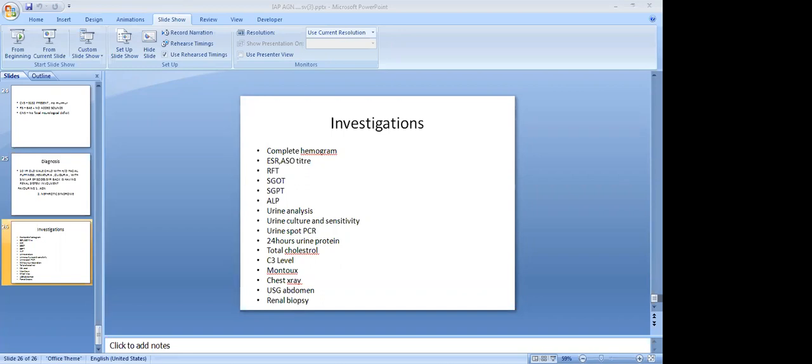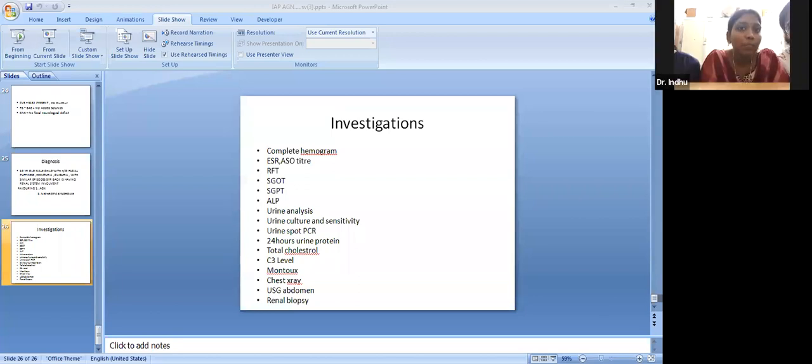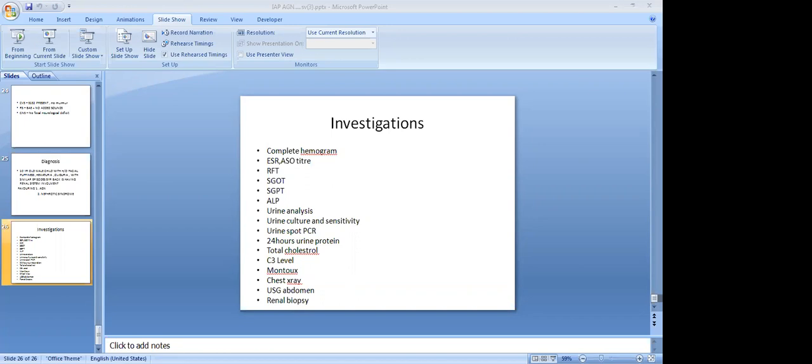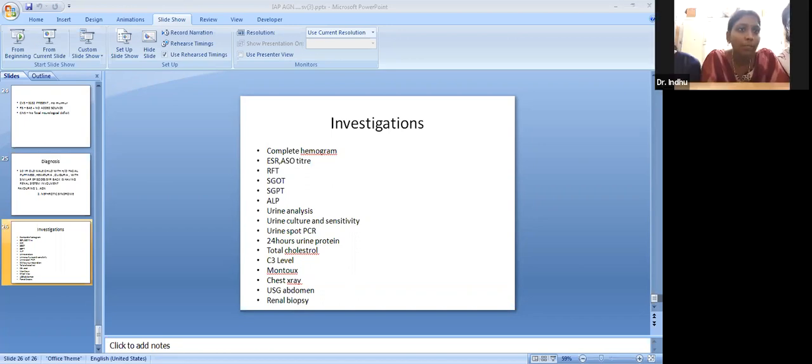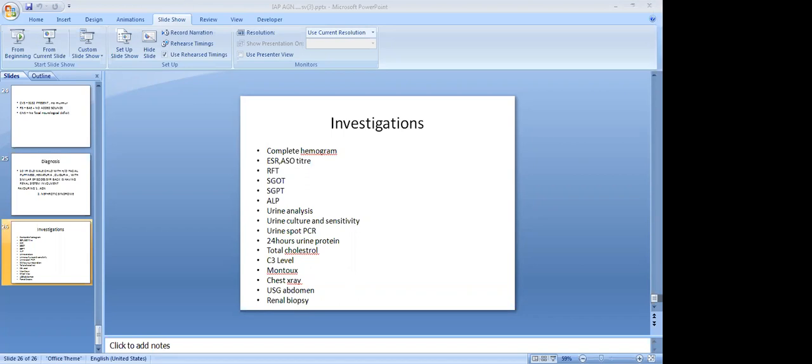No, more than 3 months. Isolated low C3 for more than 3 months, you have to go for biopsy. Systemic hypertension for more than 1 month. If the C3 is normal at onset, will you biopsy? Normal C3 level in active disease is an indication for renal biopsy. So that's also an indication for biopsy.